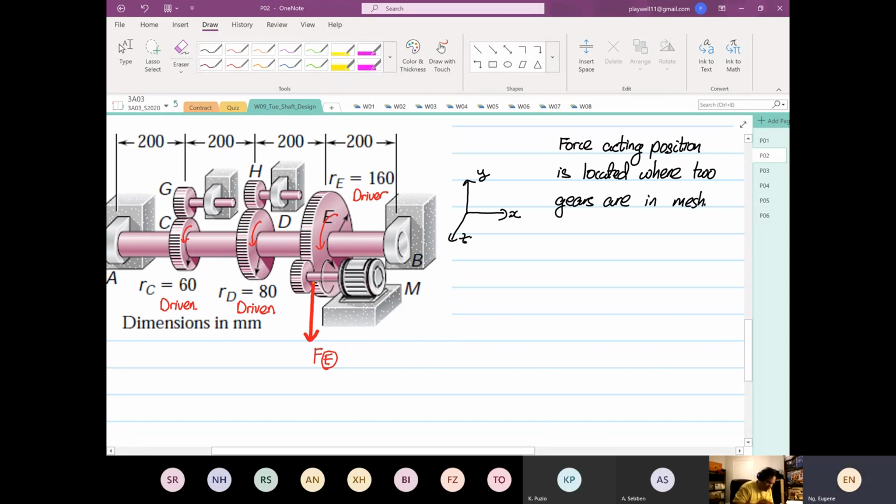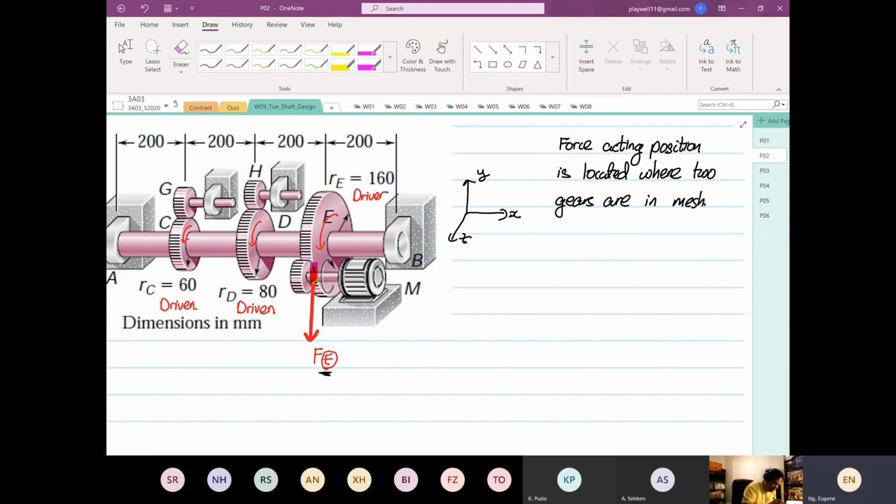So what do I mean by that? You look at force E. I'm drawing force E exactly where? Exactly at the point where it intersects the two gears. So that's where I drew my arrow.